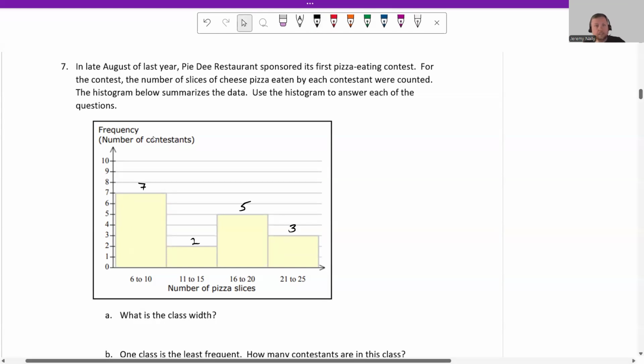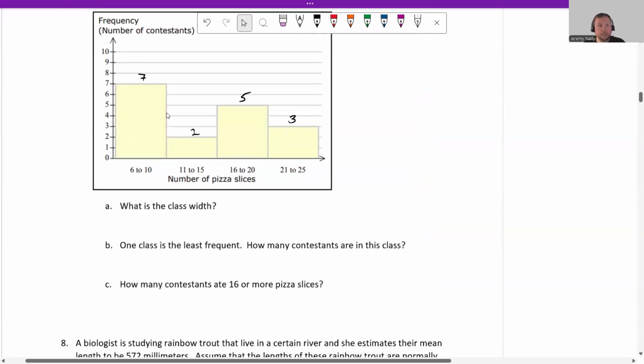Okay. First question. What is the class width? So for the class width, you want to take the class boundary on the left for the first two classes and just subtract.